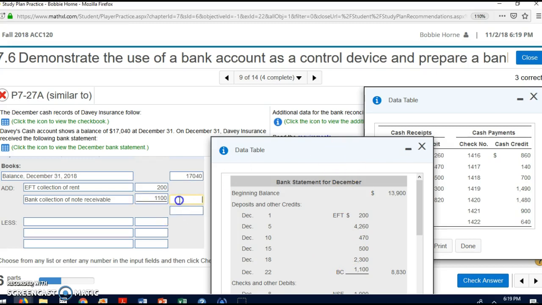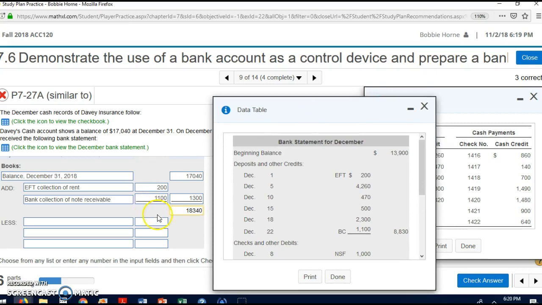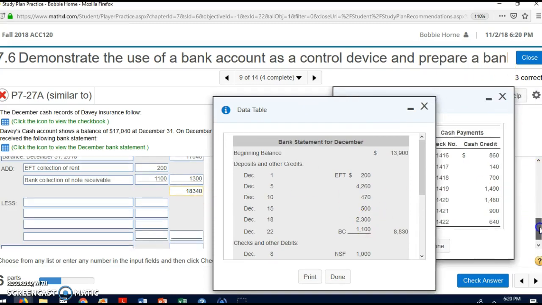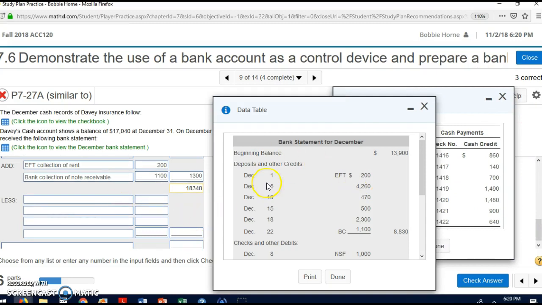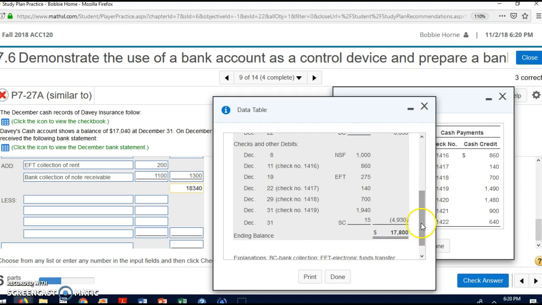Then we add 17,040 plus 1,300, which would be 18,340, I believe.